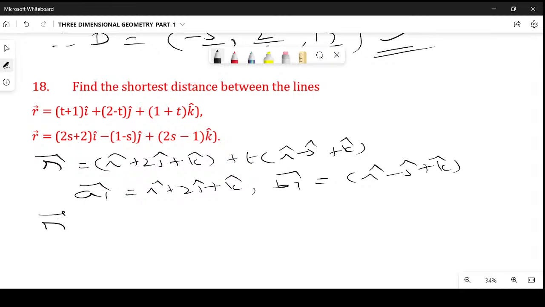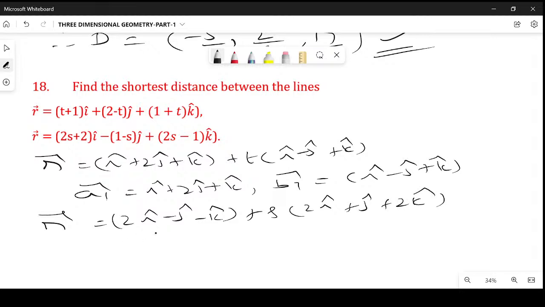Again, r bar equal to, if we rearrange this one, it comes 2 i cap minus j cap minus k cap, plus s into 2 i cap plus j cap plus 2 k cap.